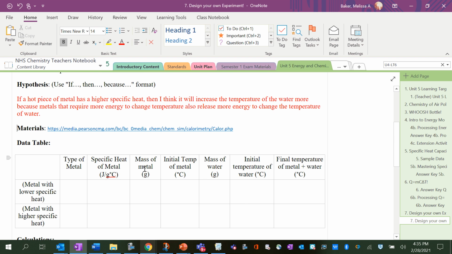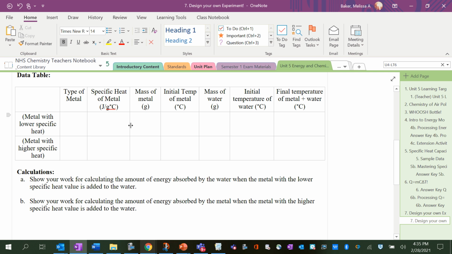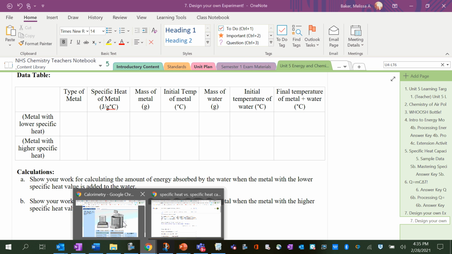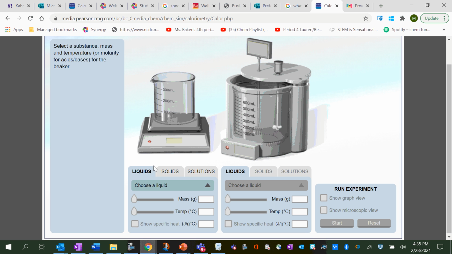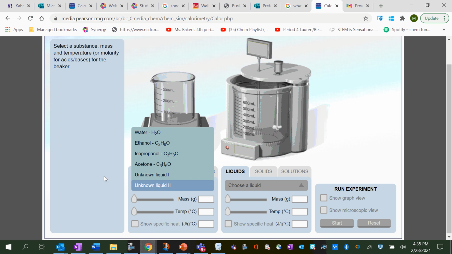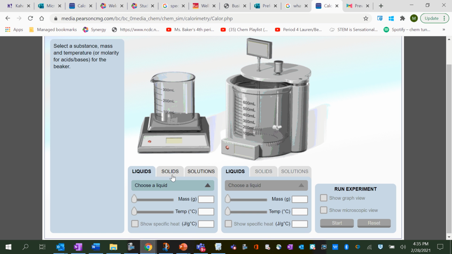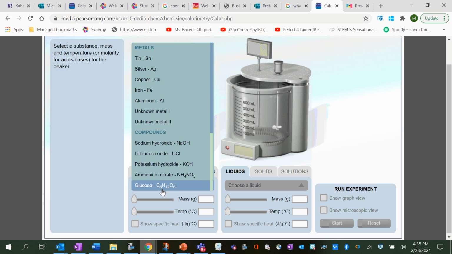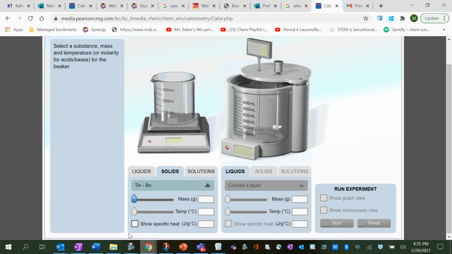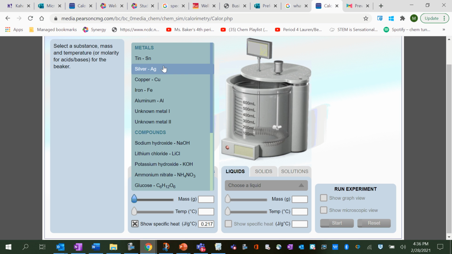So then let's figure out what metals we're going to use. We want a metal from this simulation that has a low specific heat and one that has a higher one. You want to go to solids. You can click show specific heat to figure out which ones you want to use.